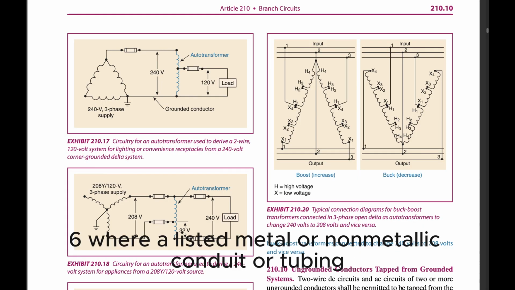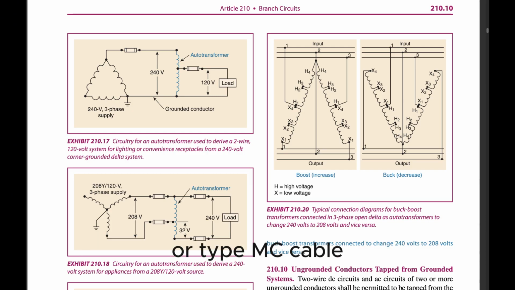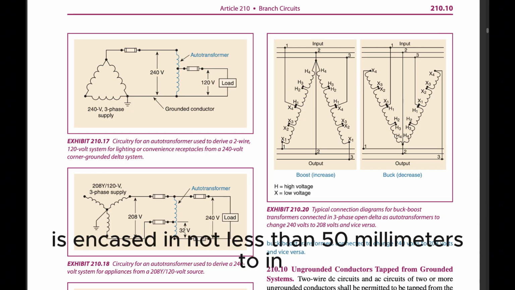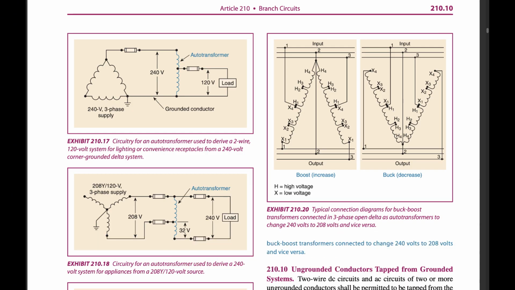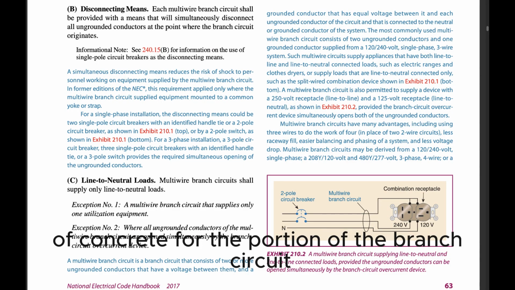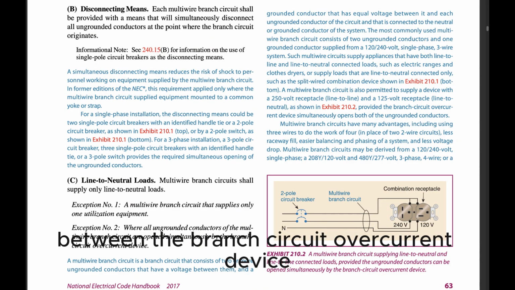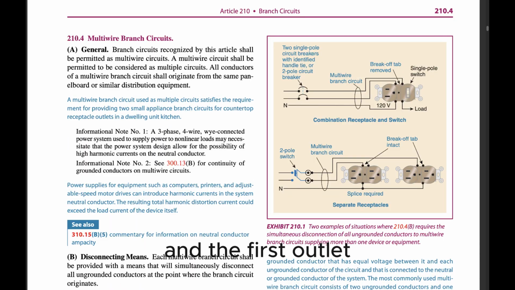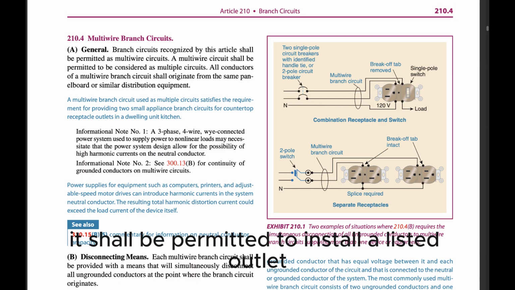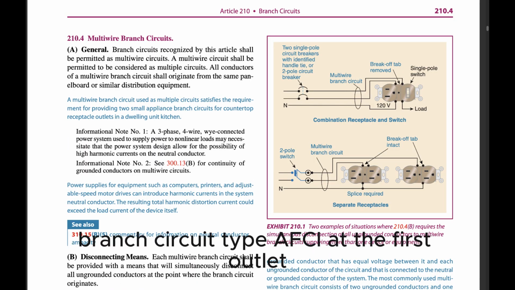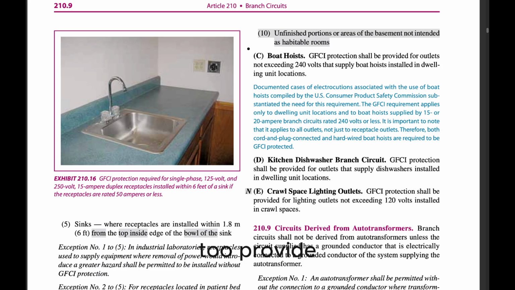Where a listed metal or non-metallic conduit or tubing or type MC cable is encased in not less than 50 mm (2 in.) of concrete for the portion of the branch circuit between the branch circuit overcurrent device and the first outlet, it shall be permitted to install a listed outlet branch circuit type AFCI at the first outlet to provide protection for the remaining portion of the branch circuit.